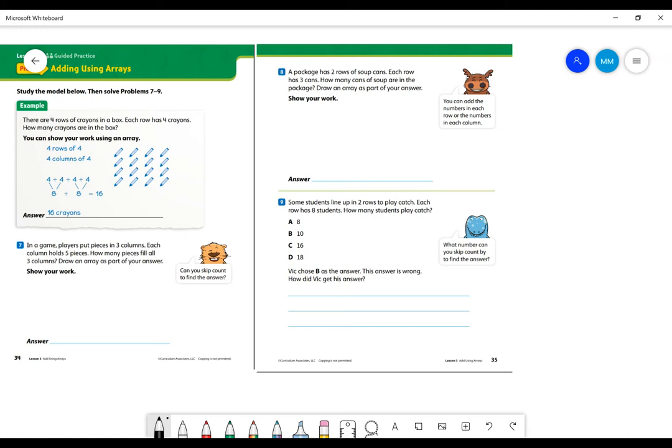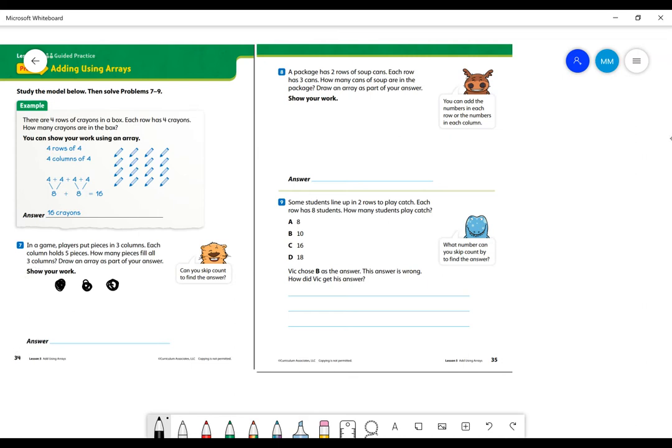Okay, let's go ahead and look at number 7. It says, in a game, players put pieces in 3 columns. So here's what I'm going to do. I know columns go up and down, so I'm going to go ahead and make 3 columns. So I'm just going to make 1, 2, 3. Because remember, columns go up and down. Okay, so I have 3 columns.